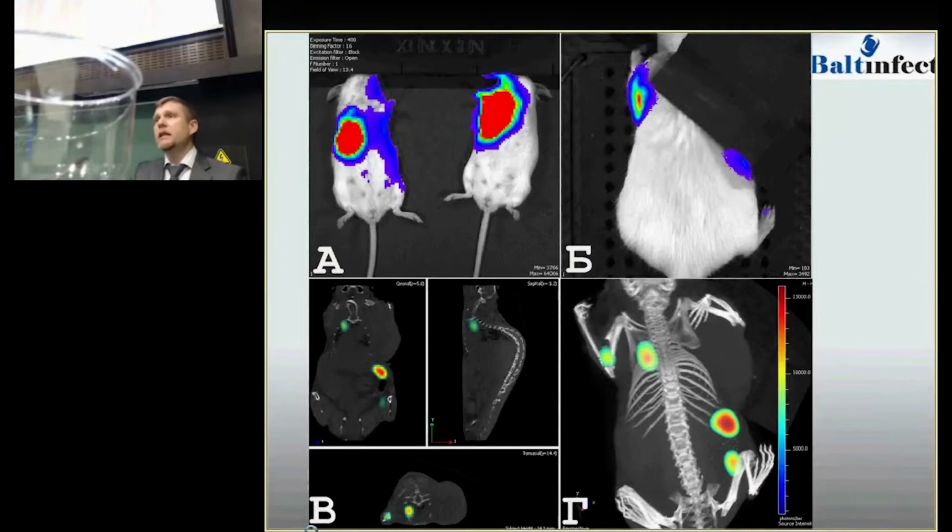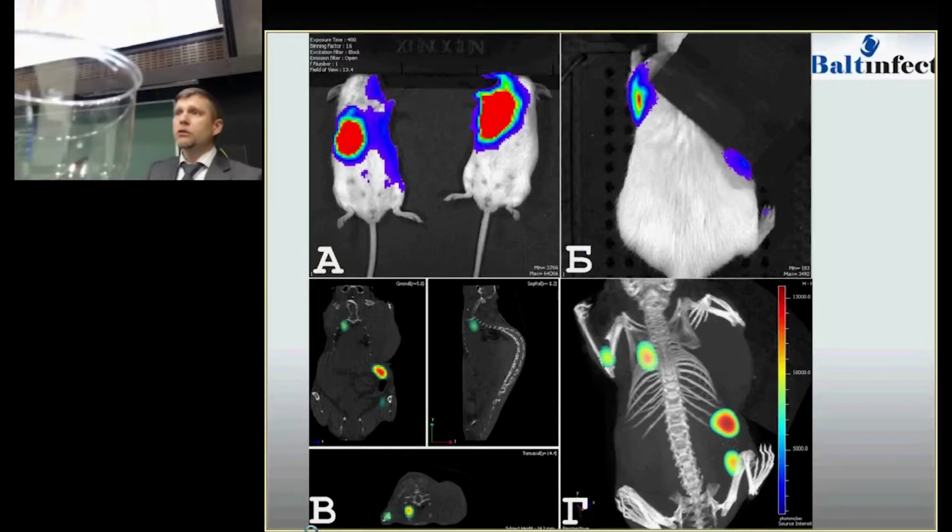But of course the main idea of such modification with the luciferase gene is to detect metastasis using bioluminescence. But it's rather difficult if you have the primary focus. I didn't say that we used an orthotopic model. So we inject carcinoma cells into the breast fat pad of mice.